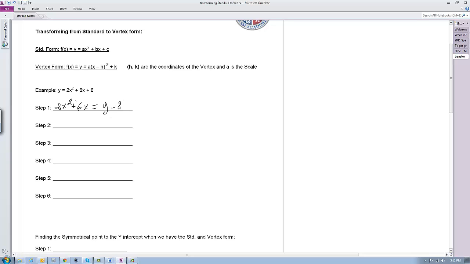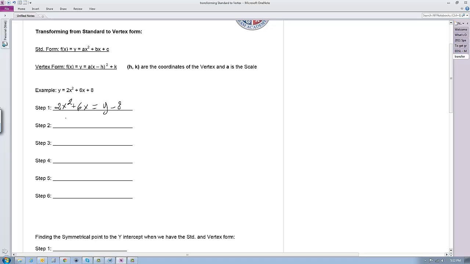The next step will be to ensure that we have the coefficient of x squared as 1. So to do that, I need to divide both sides of the equation by 2, so that I can simplify the coefficient of x squared to 1.